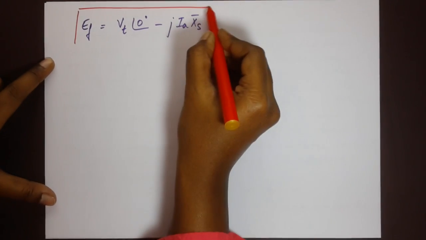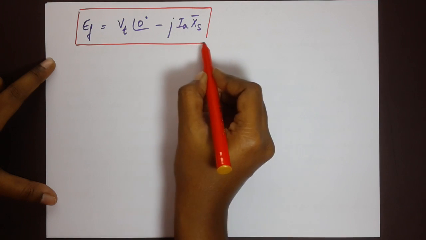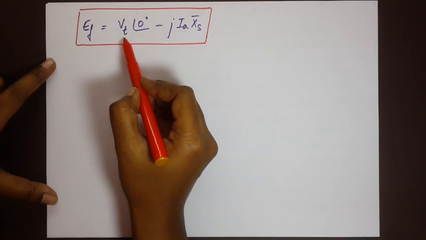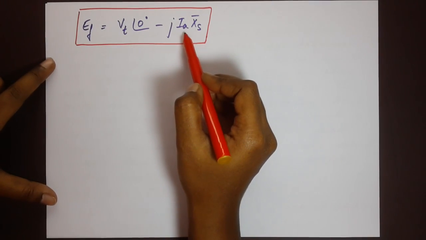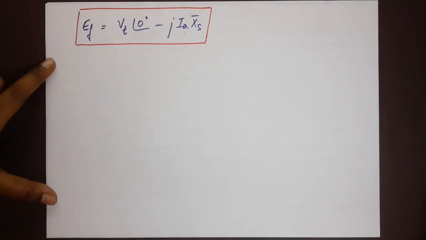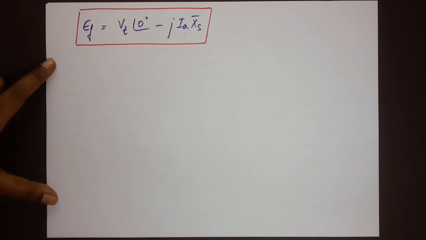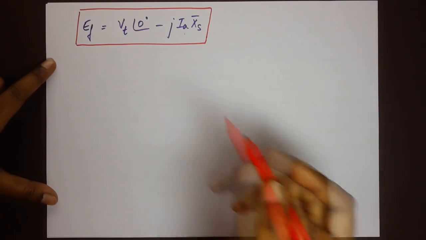This is quite important. This is the equation for the field excitation of the motor in terms of the terminal voltage, the armature current and the synchronous reactance. Now in this case, for this question, all we have to do is plug in the values of VT, IA and XS.